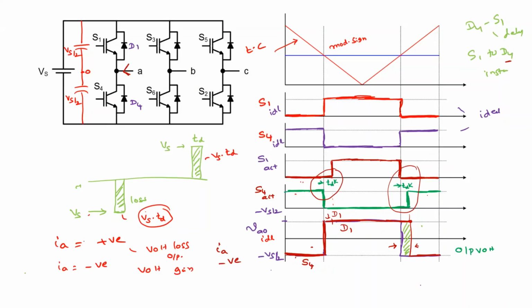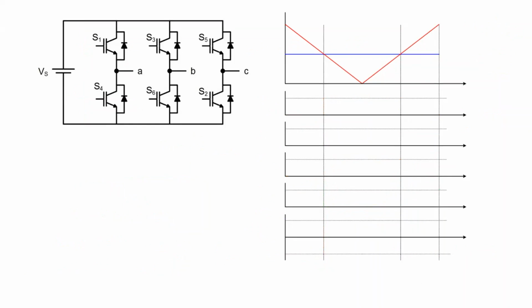This is happening for every carrier cycle. So it will be something like this. This is for one carrier cycle.